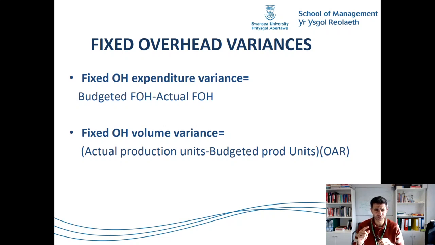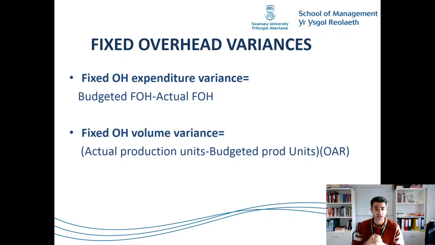Okay. So heading: fixed overhead variances. Underline it, and then you start with the first variance under fixed overhead, the fixed overhead expenditure variance, right? And this is the formula which you need to write down here, which is the budgeted fixed overhead minus actual fixed overhead.